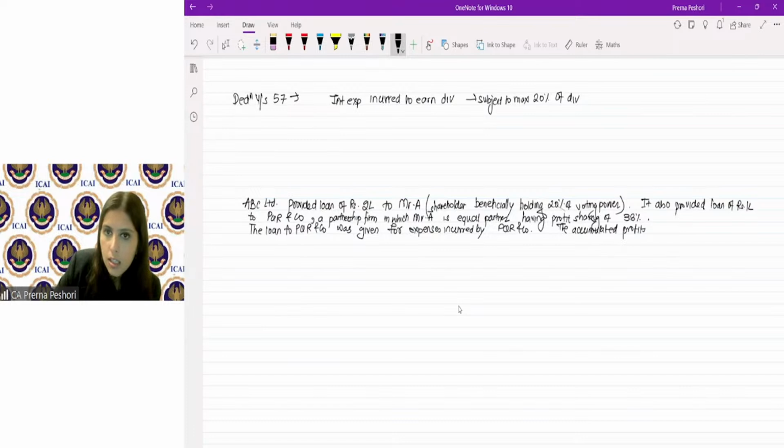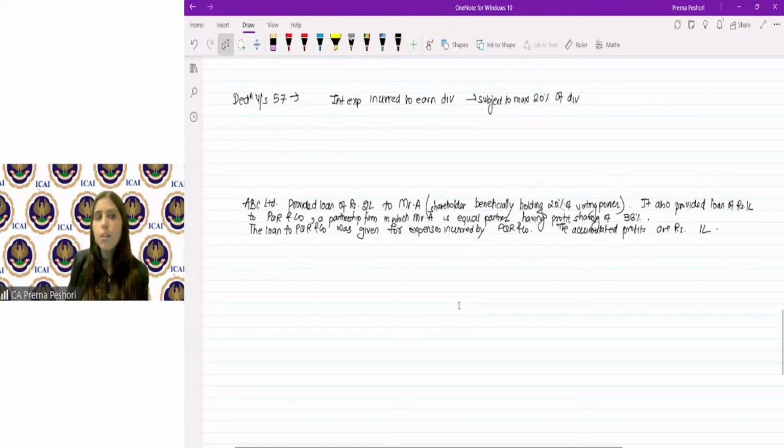The accumulated profits are rupees 1 lakh. So what will be deemed dividend over here?